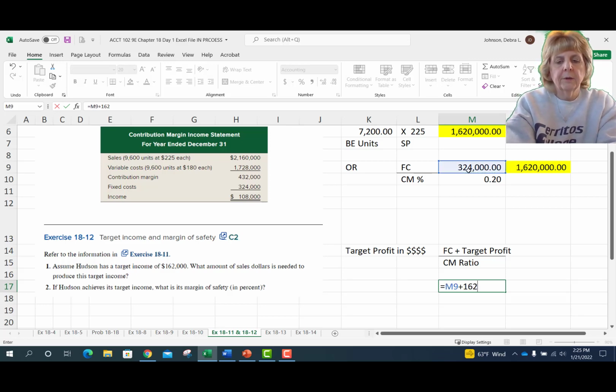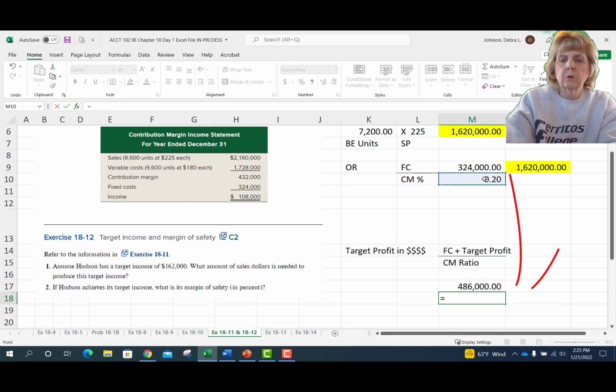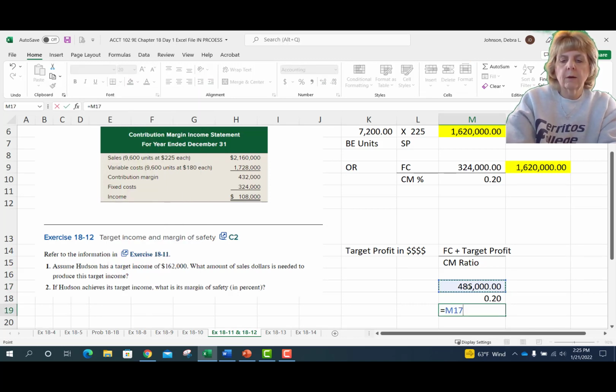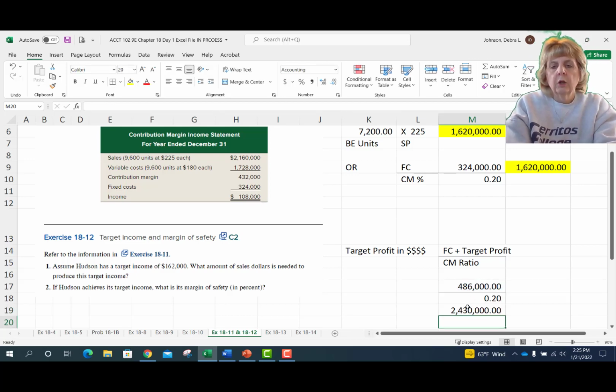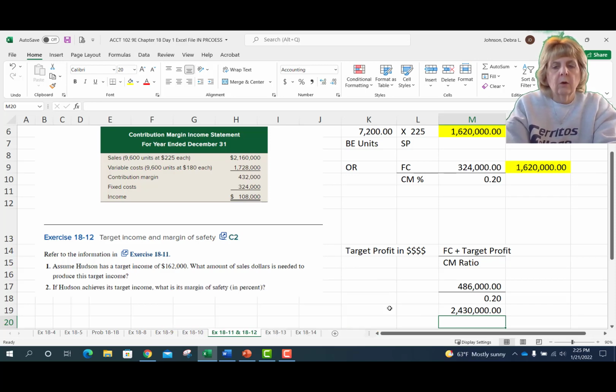We'll add in the $162,000 given to us in the problem, and we'll divide by the contribution margin ratio of 20%. When we pop that into our calculator, we will have the target profit dollars needed to generate the desired profit, $2,430,000. Take a look at that, see if you have any questions.